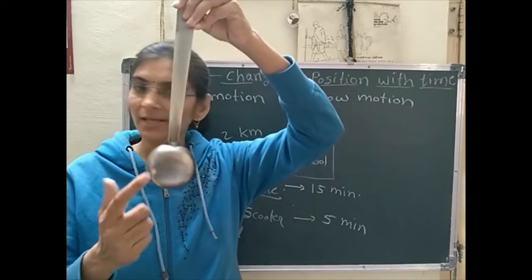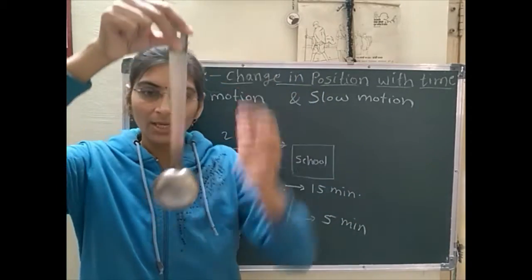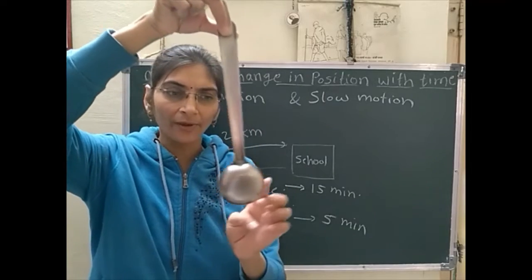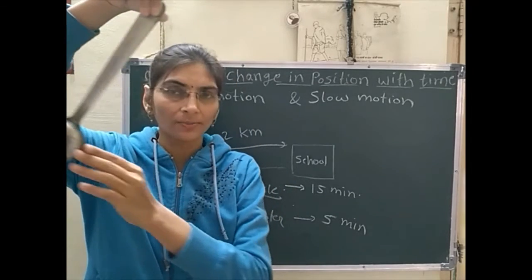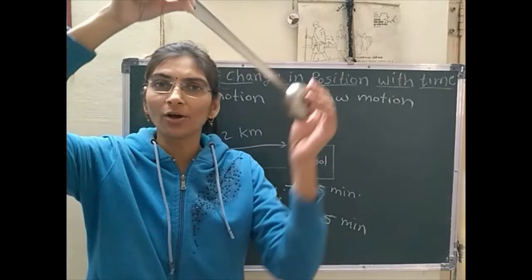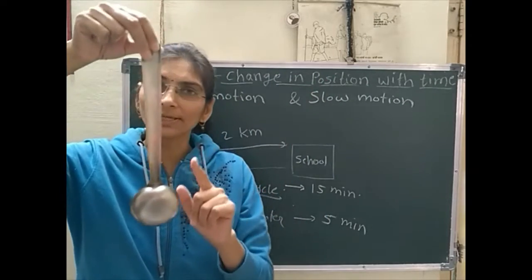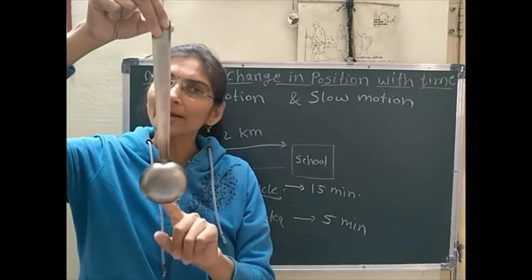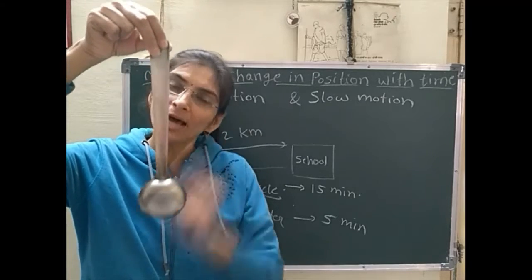What is a pendulum? It has one bob. Yes, this is called the bob. When it starts from the center or from any other point, one oscillation happens when it reaches the same place again.